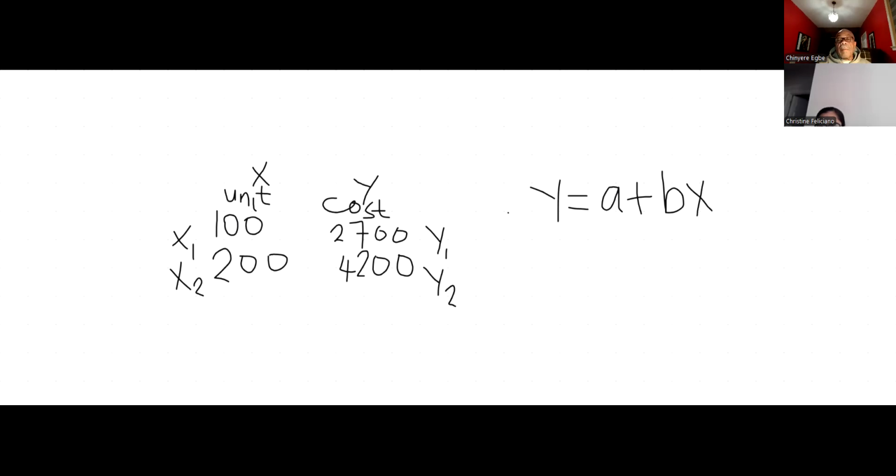How did we get this B? So we say Y minus 2,700 over X minus 100 is equal to 15.